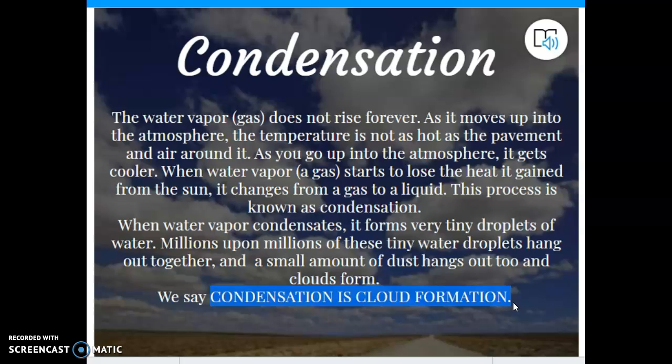How do the clouds form in the sky? That water vapor that we have from the sun heating up that puddle rises up into the air. Once it gets to a certain layer of the atmosphere and it is cooled off, it turns into teeny tiny water droplets. Those water droplets also have particles of dust and other things attached to them, and they all hover in a big giant group called clouds.